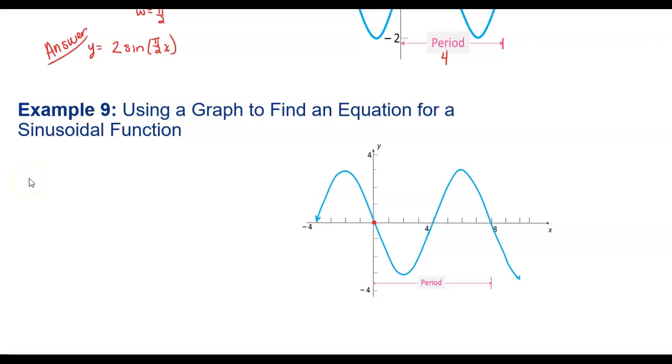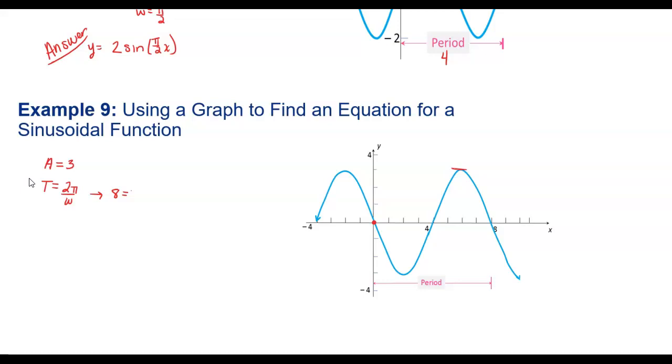All right, so first let's find our amplitude. It's the height. Our height goes to 1, 2, 3. So height is 3. Our period was 8, so that's 2 pi over omega.